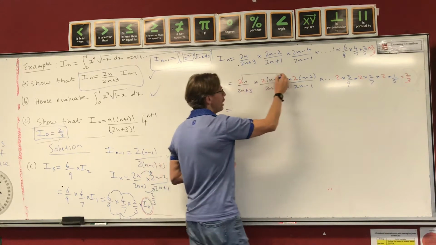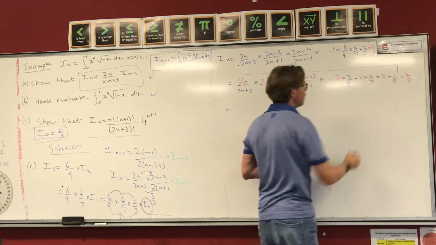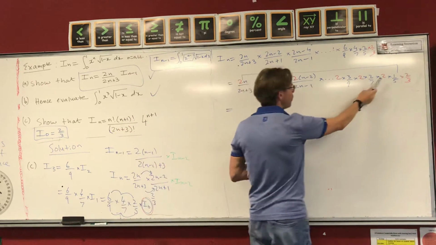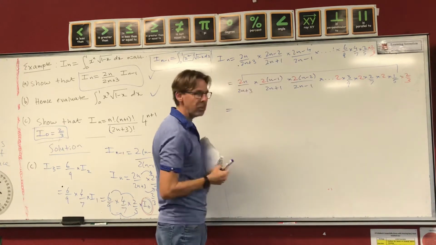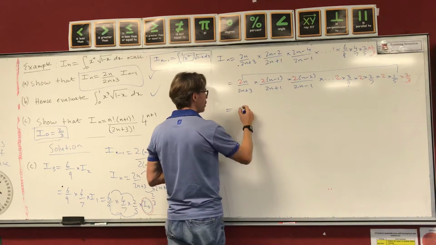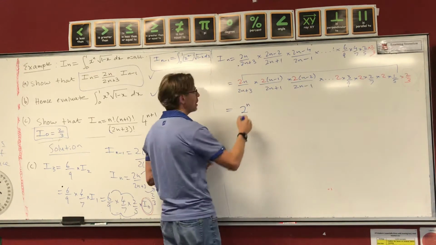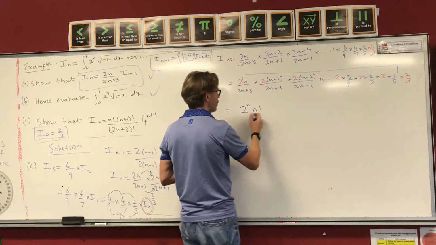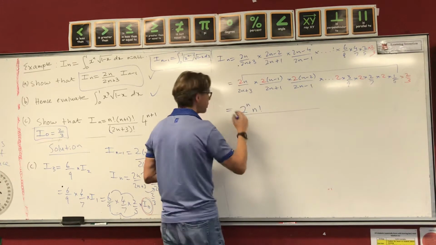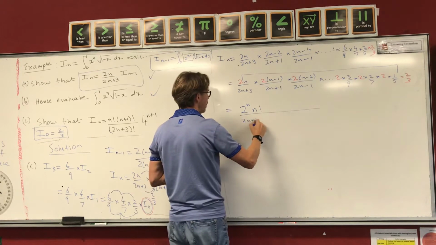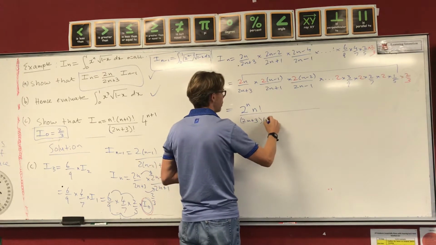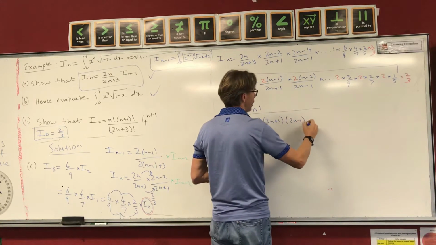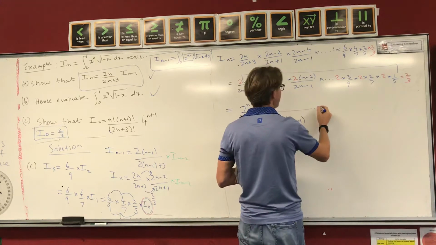The other thing to notice is how many terms I have there, because that helps me count how many 2s. If I go from 1 up to n, that's n terms. That means I've got 2 to the n and n factorial, all divided by 2n plus 3, 2n plus 1, 2n minus 1, and that keeps going.